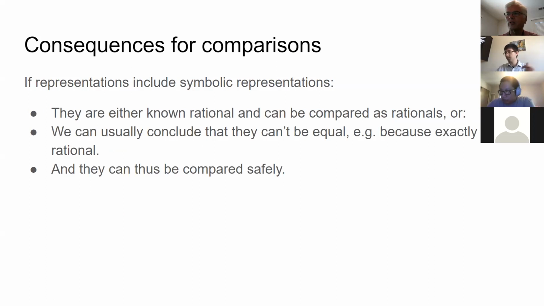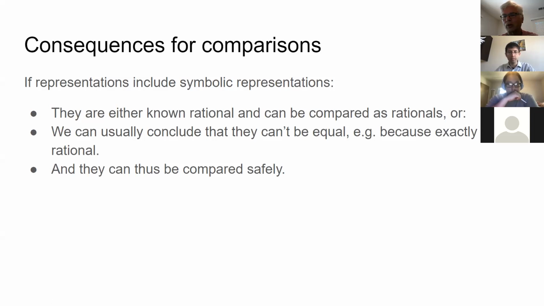So the consequences here, as far as comparisons are concerned, so long as the number representation includes the symbolic representation, they're either both known to be rational, in which case we can just compare the rationals, or in the other case, if they have other representations, we know that they're irrational, and in general, in the usual case, we can compare them as well, because we can typically conclude based on the symbolic representation that the numbers can't possibly be equal, and thus they can be safely compared by just evaluating to increasing precision.